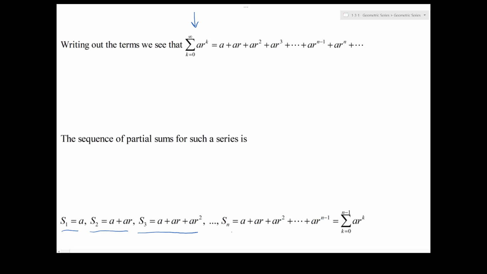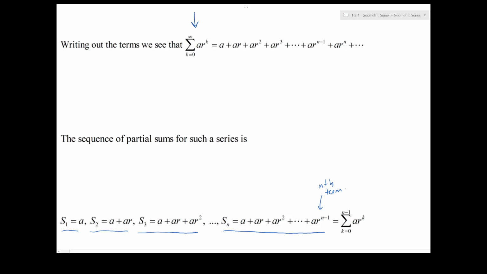How about the nth partial sum? What if you added up the first n terms? Well, notice the highest degree you see on a term in the partial sum is always one less than the index on the partial sum. So add up all the terms starting at the first one, a plus ar plus ar squared. Keep adding them up, and actually the nth term is right there.